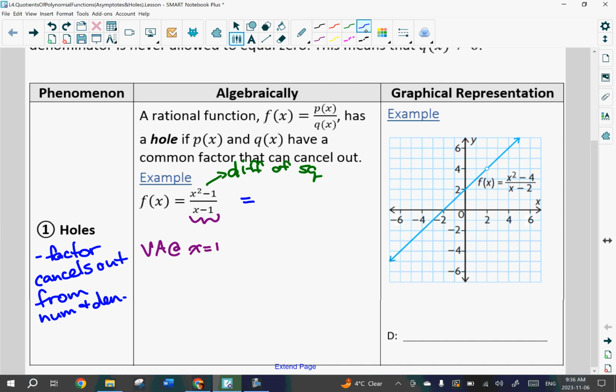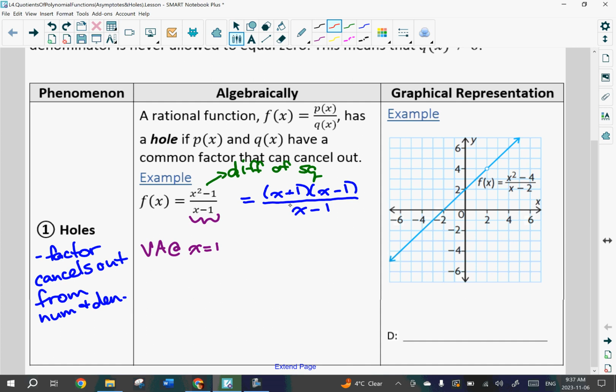So we're going to factor the numerator into x plus 1, x minus 1, all over x minus 1. This was one of the units we did in grade 11 when you were simplifying rational expressions, and that was all warm up for this.